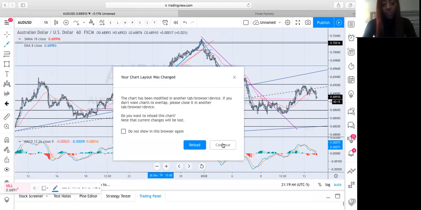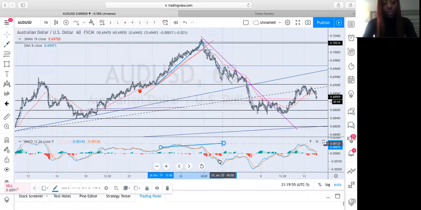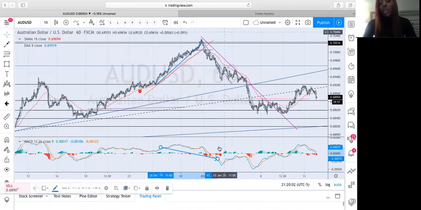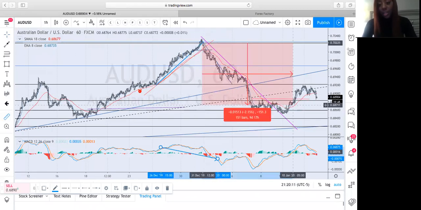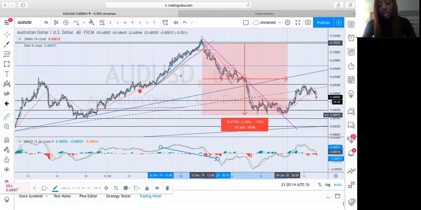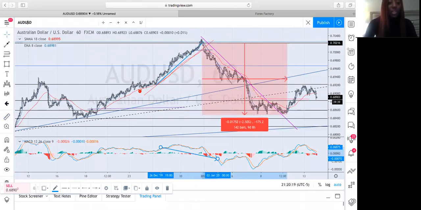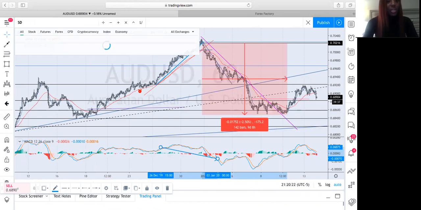Okay, there we go. Anytime you see this, you can expect a reversal. And literally from the time at which we marked this up, that is 175 pips.